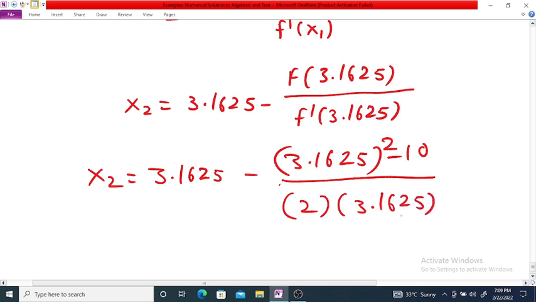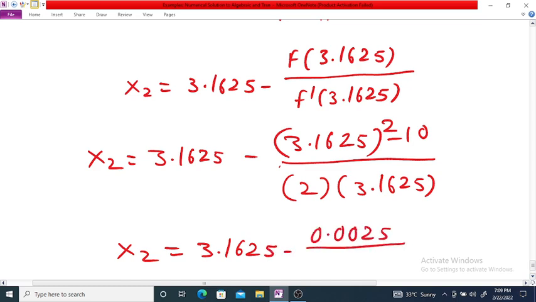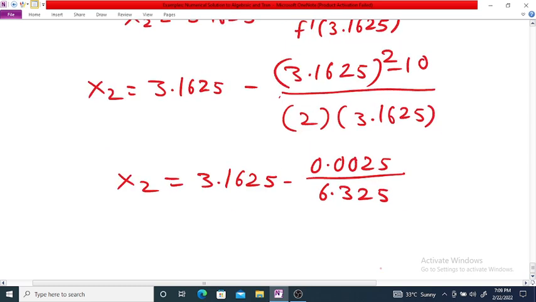So if we simplify this, x2 is equal to 3.1625 minus 0.0025 divided by 6.325. So x2 is equal to 3.1623.